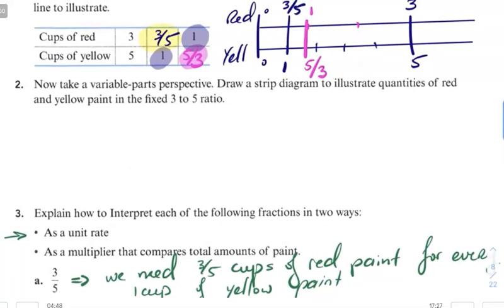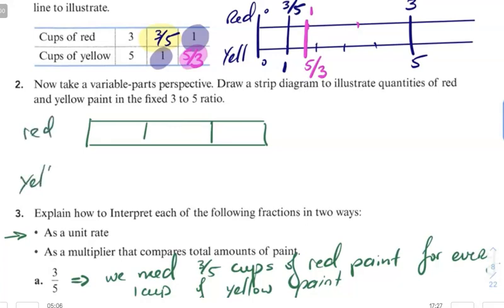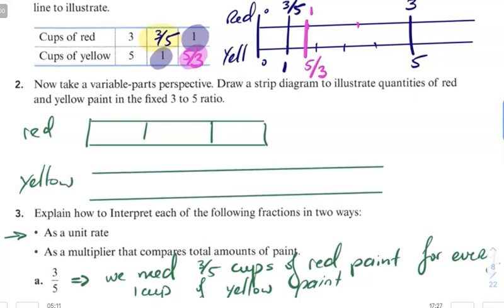So if we draw a strip diagram to illustrate the quantities of red and yellow paint in a fixed ratio of 3 to 5, this is going to be red, and this is going to be yellow.